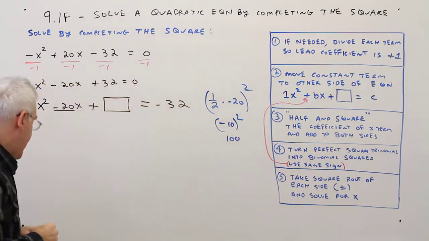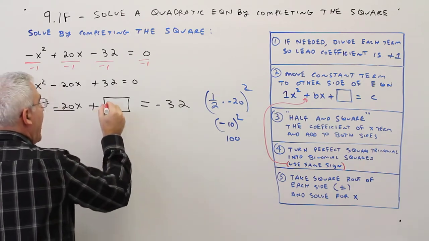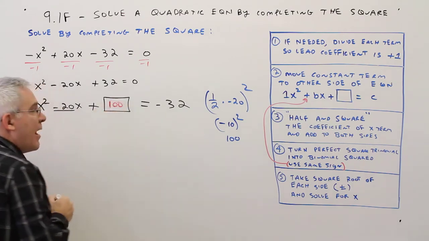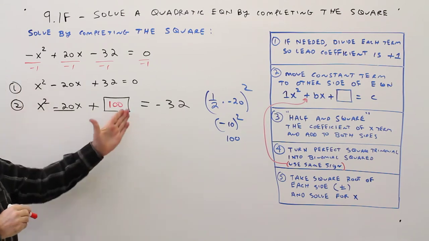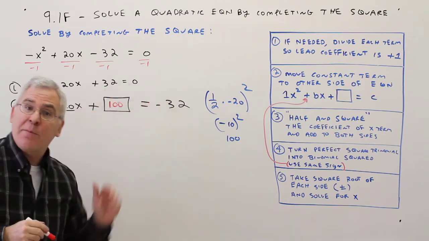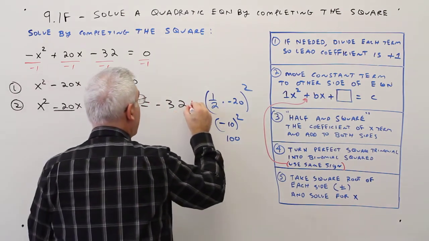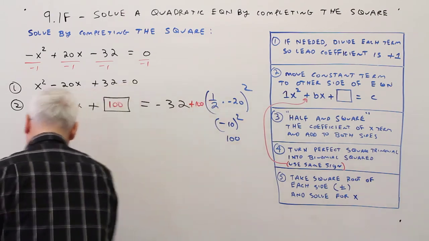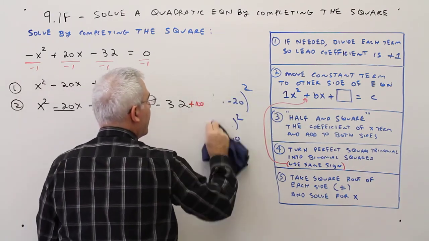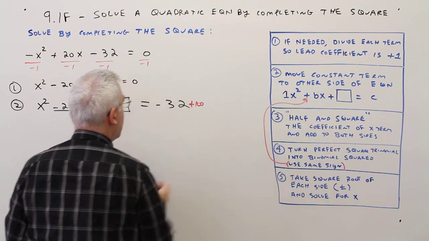So 100 is going to be the number that I add over here. And if I get an equation, whatever I add to the left side, I must also add to the right side. I'll erase my work here so you don't get confused.